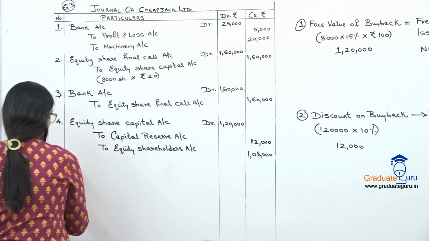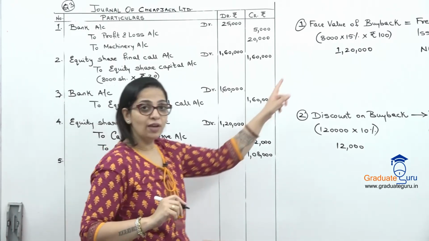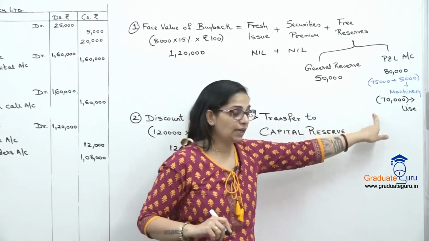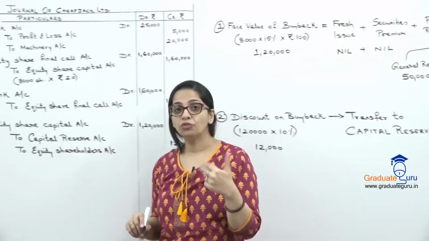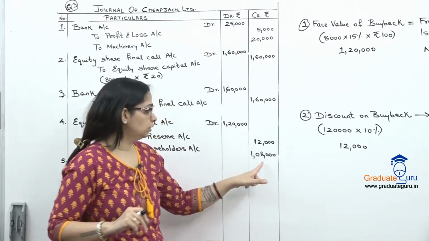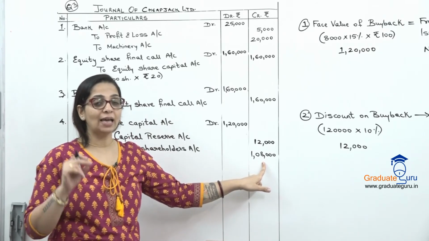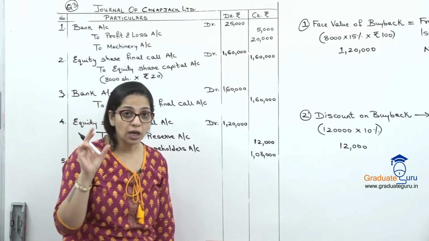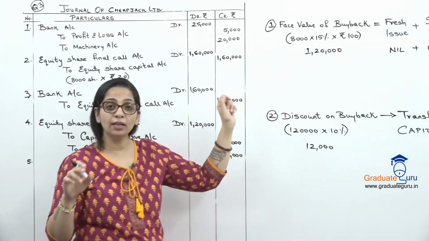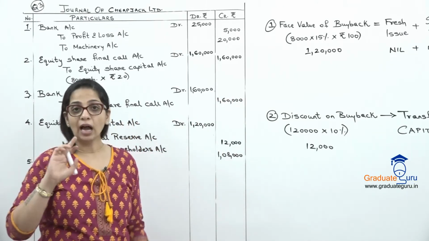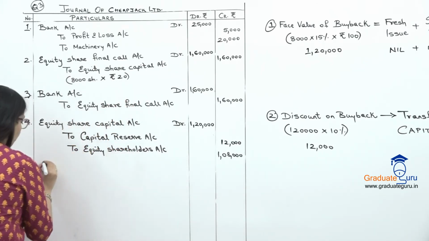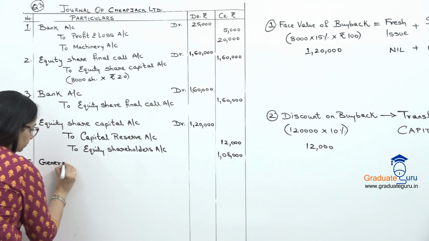Recorded that. Now, for my face value, what have I used? General reserve of 50, P&L of 70. So I need to transfer that to CRR. Now what you have to understand here, even though the net amount which I am going to pay is 1,08,000, how much am I buying back? 1,20,000. And that is why 1,20,000 should go to CRR. Not after discount, but before discount amount. Okay? So, what are we using? General reserve.